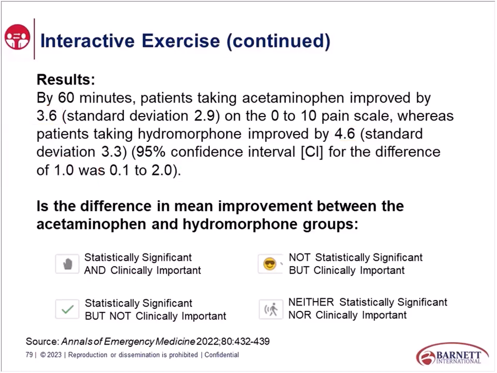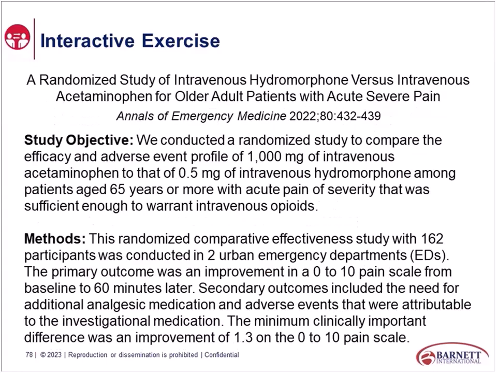Let's break down the answer here. A couple of things. The mean difference is 1. So again, we are making this clear distinction between clinically important and statistically significant. These authors pre-specified that unless the difference was greater than 1.3, it's not clinically important.